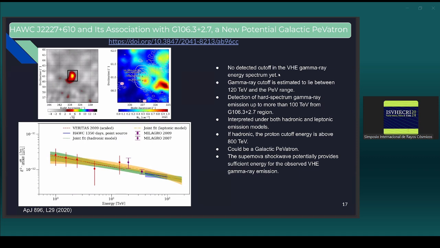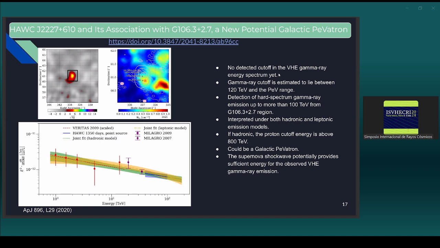such as a few hundred TeV, we have several hypotheses of what is the cause of this particle acceleration that maybe produces these gamma rays. And we have two models. Well, in fact, there are three.